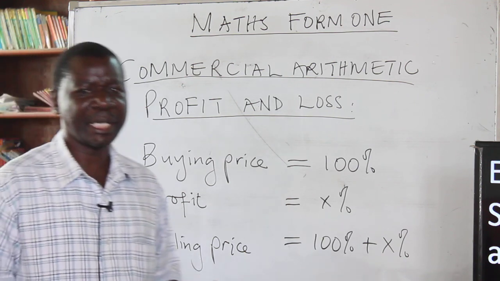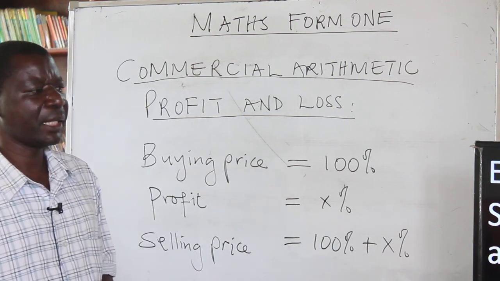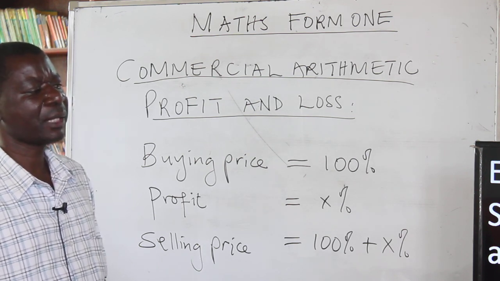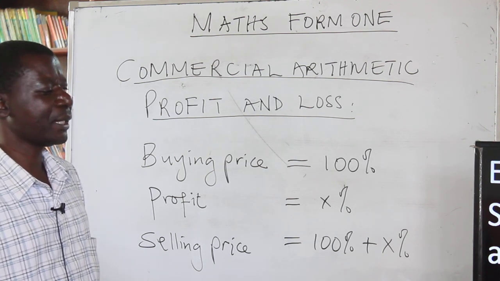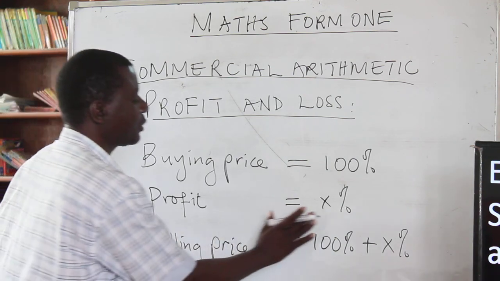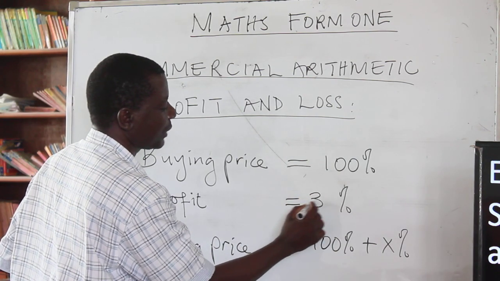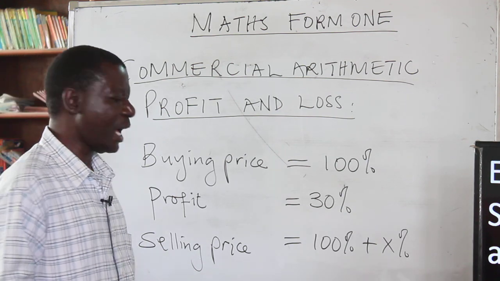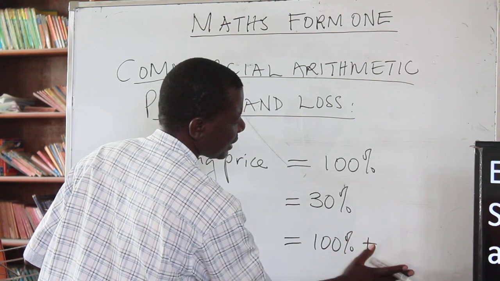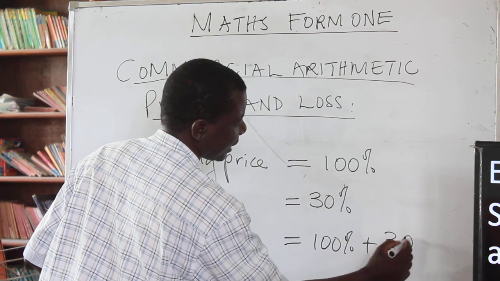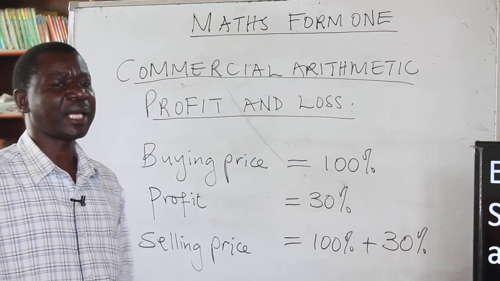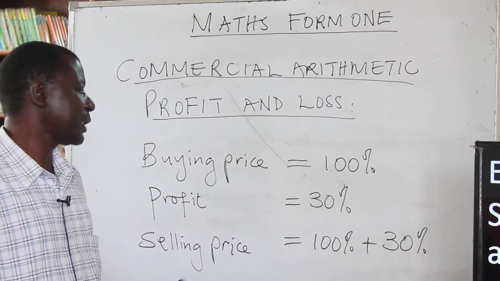In our question, we are told that the buying price was 850,000, and the selling price comes with a profit of 30%. So the selling price will have 100% plus 30%, because the buying price is 100%.